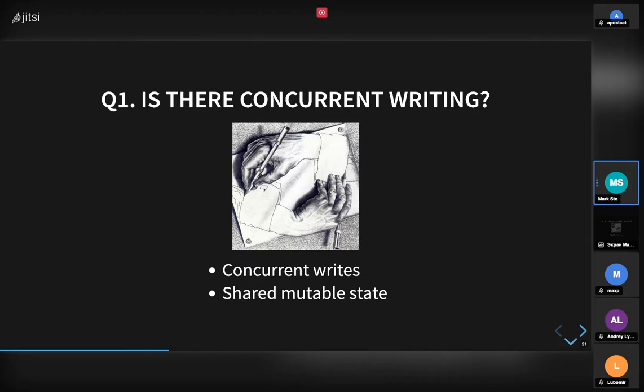So a situation where multiple execution contexts are writers of the same state and concurrent writing is possible is called multi-writer, and the obvious candidate for the next big thing here is shared mutable state: the mutable state for which multi-writer holds. It has concurrent writing possible.